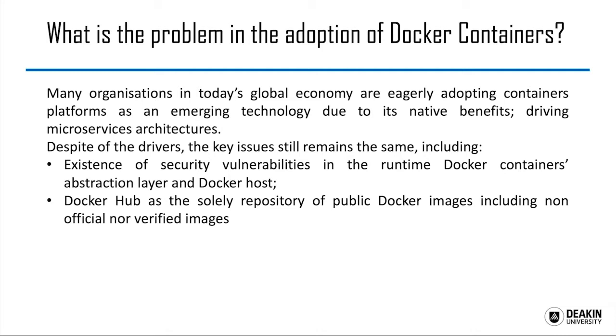Despite these drivers, the key security issues prevail, which is the existence of vulnerabilities in the Docker container images, Docker host, and in its abstraction layer. Docker Hub, as a repository for Docker public images, offers 8 million images today, where back in our research in March 2021 there were 4 million images available. This is an increase of 100%.